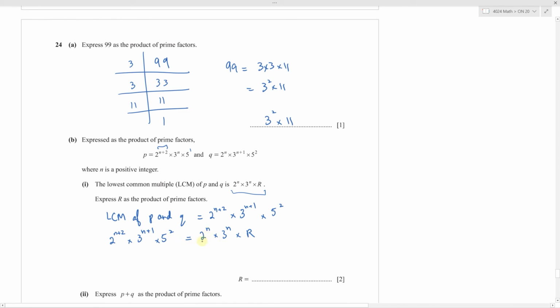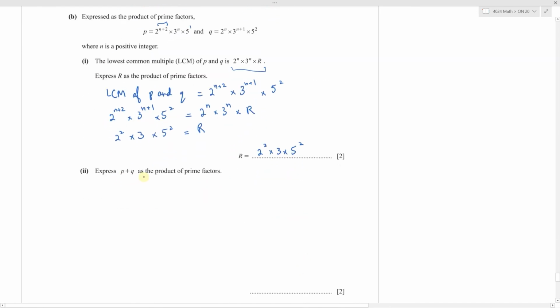If I take this 2 power n to the other side, 2 power n will be cancelled and I will be left with 2 squared. If I take this 3 power n, these powers will be subtracted: n plus 1 minus n, I will be left with 3 power 1, and then multiplied by 5 square, which is r. So now you already have the value of r as a product of its prime factors. r is 2 square multiplied by 3 multiplied by 5 square.